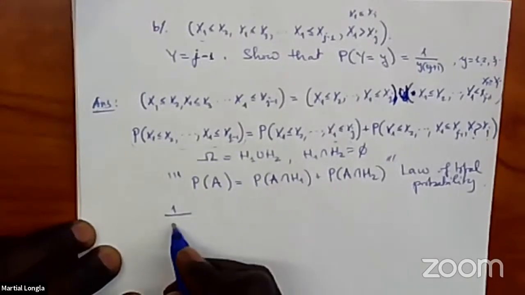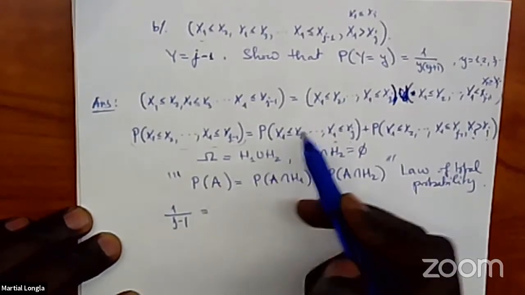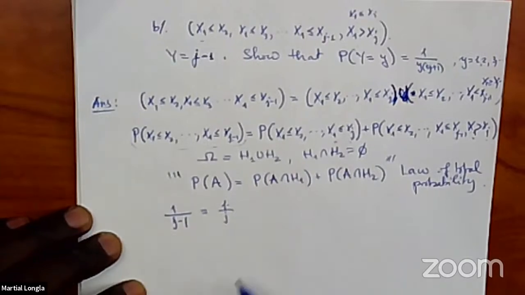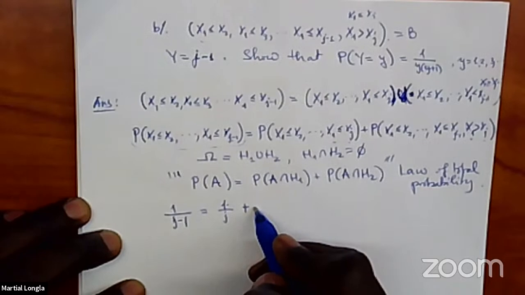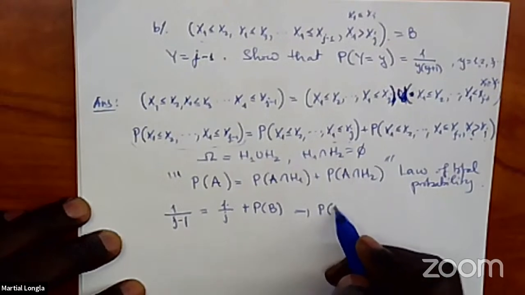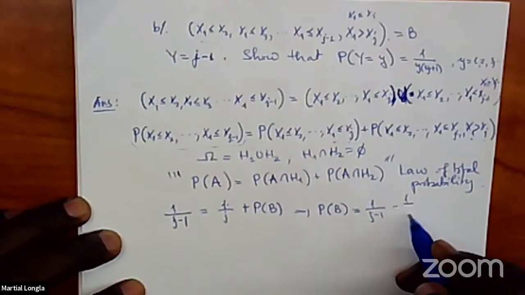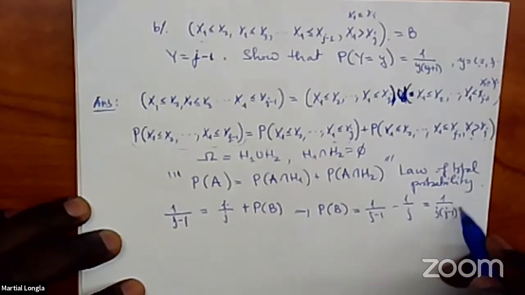So if we are finding the probability all the way up to j minus 1, it's 1 over j minus 1, right? Equals, this is all the way up to j, so it's 1 over j plus, and then here I call this one b, the probability of b is equal to 1 over j minus 1 minus 1 over j. And this is 1 over j times j minus 1.